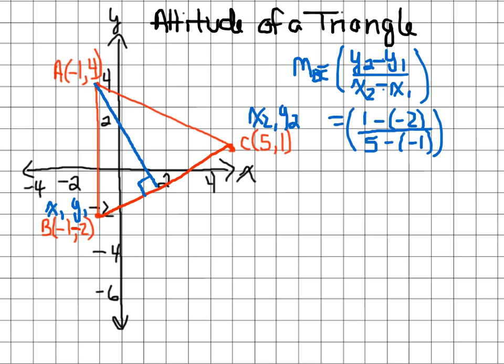So I have 5 minus minus 1, so that's equal to 1 minus minus 2 is really 1 plus 2, which is 3. And 5 minus minus 1 is really 5 plus 1, which is 6. And so my slope is not 3 over 2, sorry, it is 1/2. So I have a slope of 1/2.